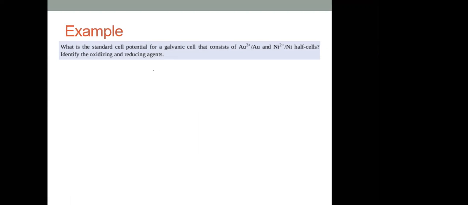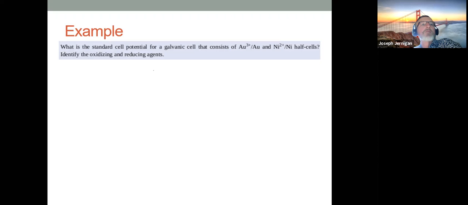Dr. Journey, if we have a chance, I would like to look at what happens when they write it out in the cell notation, and give you the concentrations, and how you know which one is the product and which one is the reactant for putting in your equation with Q. Because sometimes that can get kind of confusing.